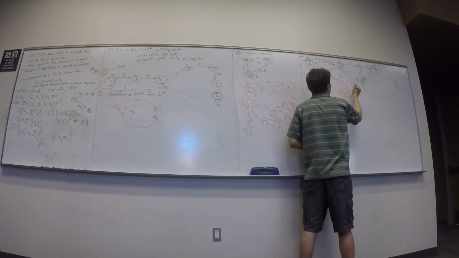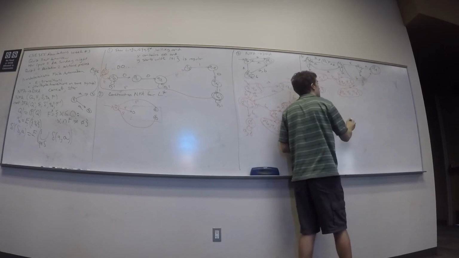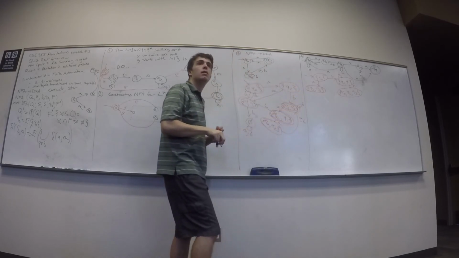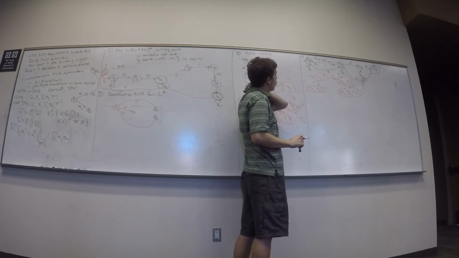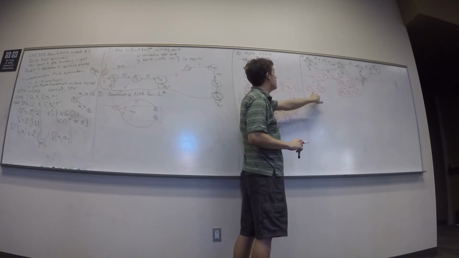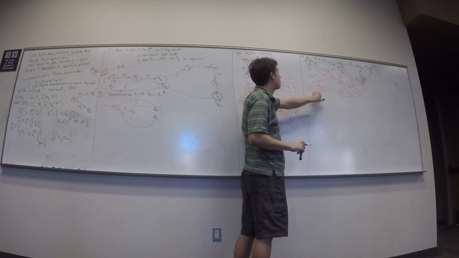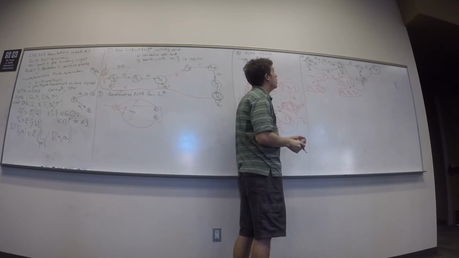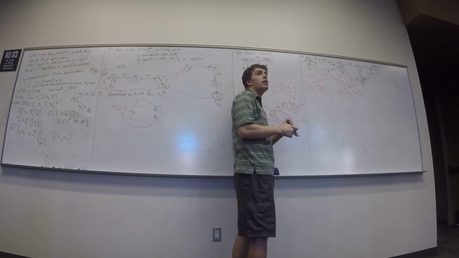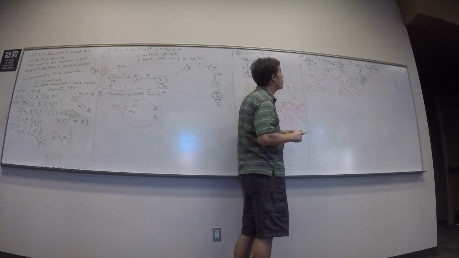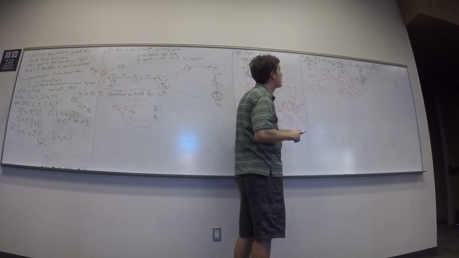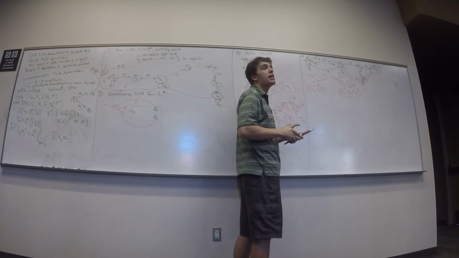So I think I'm doing A for this one. Q2, Q3. Where can I go on input B from Q2, Q3? So where can I go from Q2 on input B? I can go to Q4 and Q1, I think.